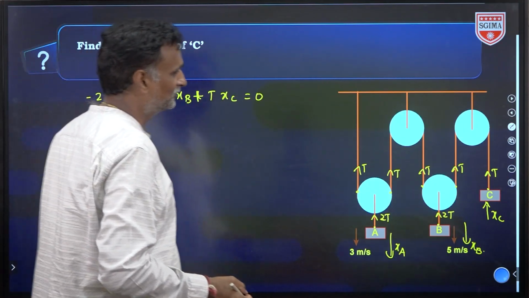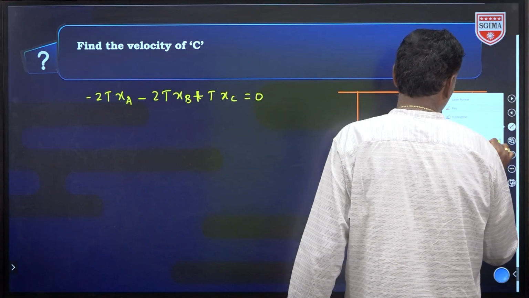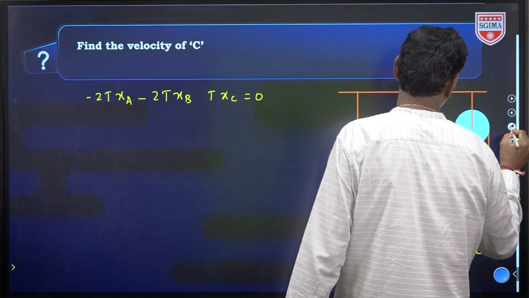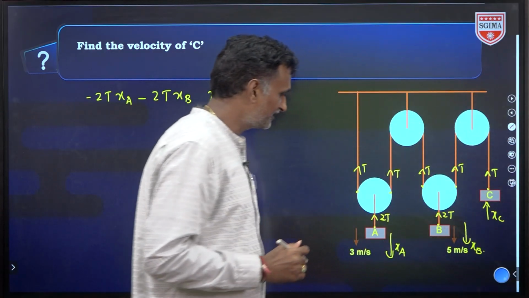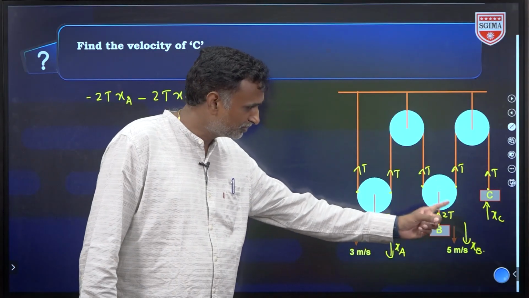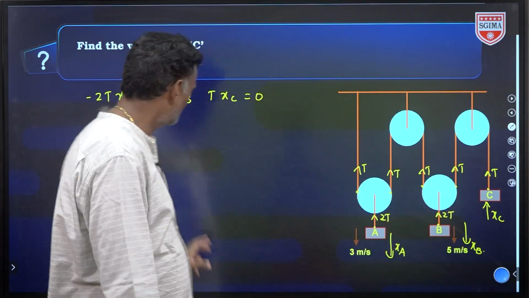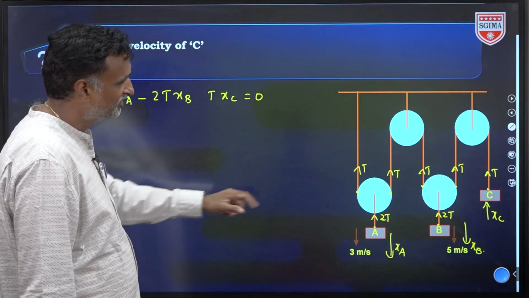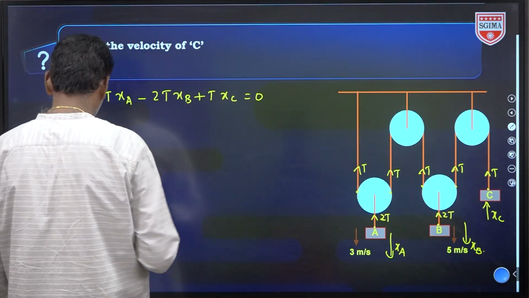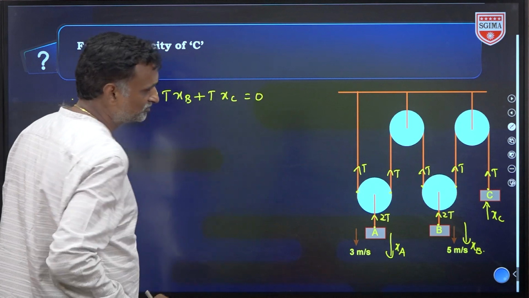So here just I have written directly xa downward, 2T upward, so minus work done, 2T upward, xb downward, minus work done, and T upward, xc upward, so we will take it as plus. Then total work done equal to 0.